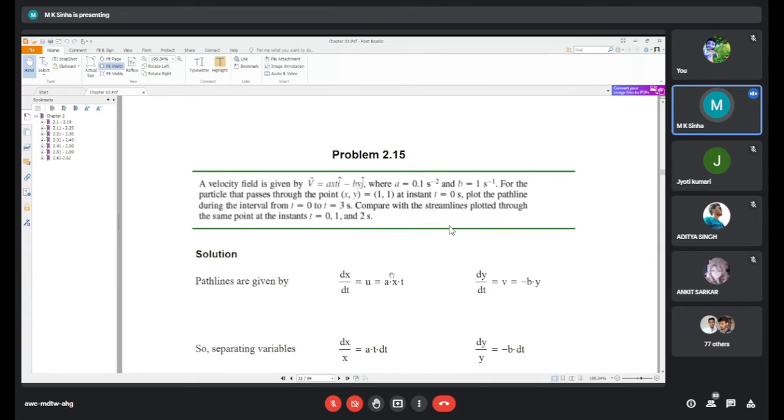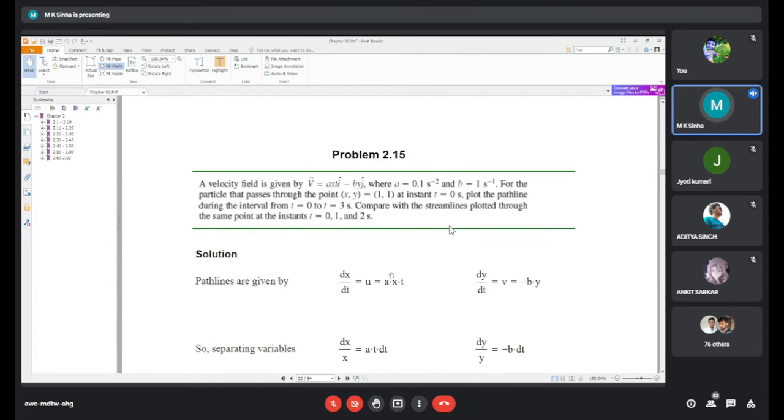So as we have discussed, the path line and streamline. So u is a x t, this is the component of u, and v equals minus b y.